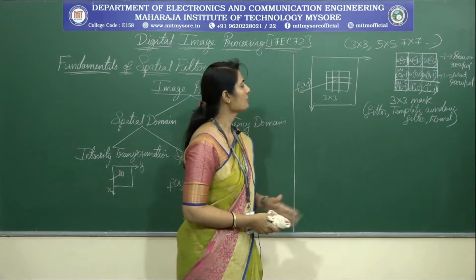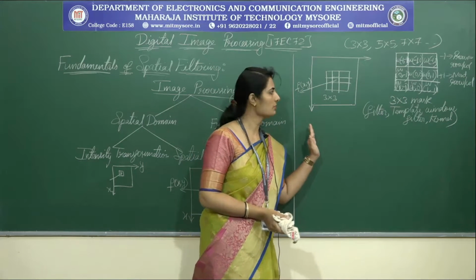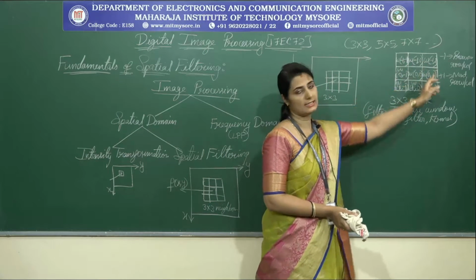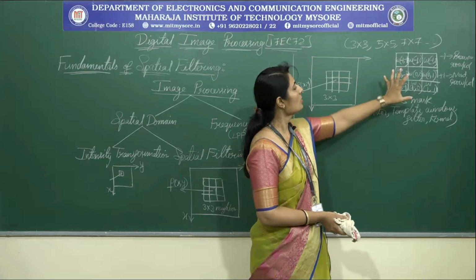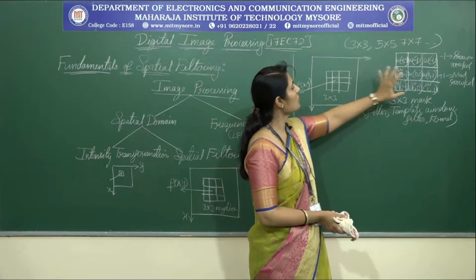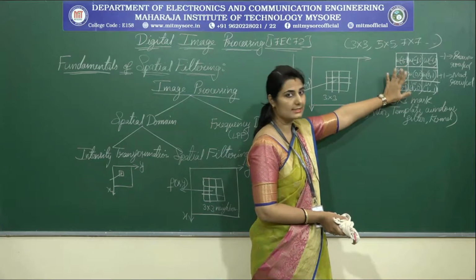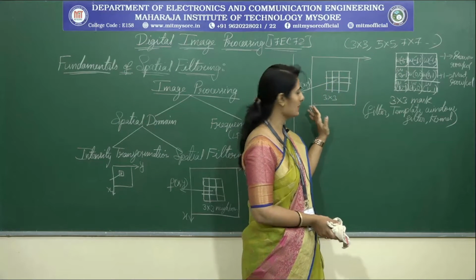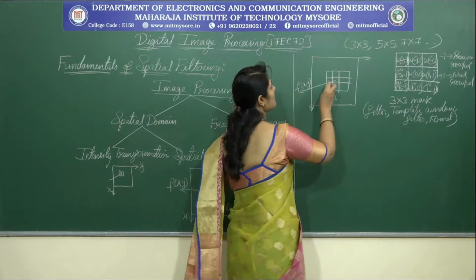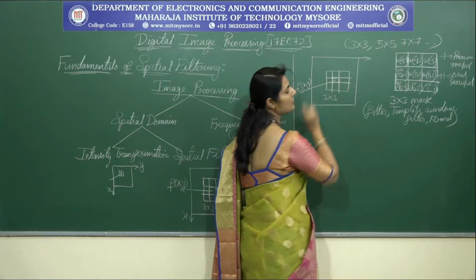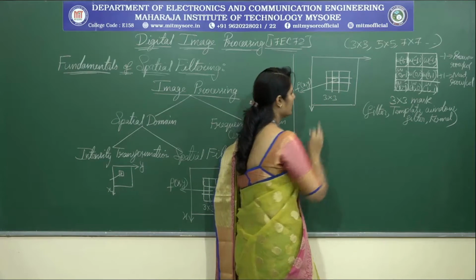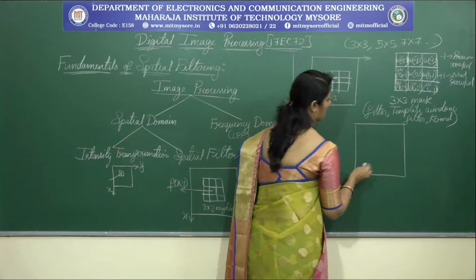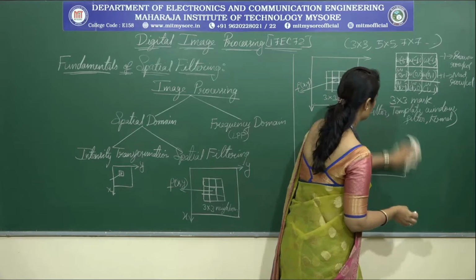Okay, so now in order to perform spatial filtering, I have considered a 3 cross 3 mask here. These are called mask coefficients. So here I should coincide this mask with the neighborhood which I have considered in this image plane. This neighborhood has the center pixel f of x comma y. So let me expand this.